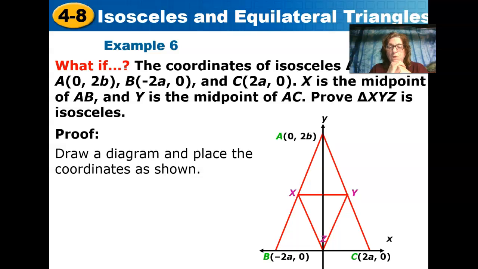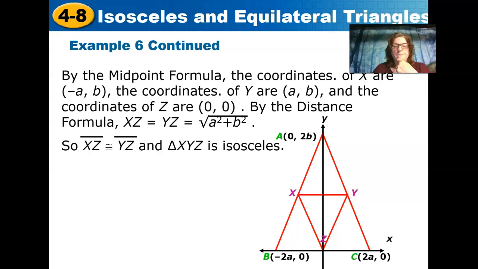Again, if it's the midpoint of line segment AB, what would be the coordinate of Y and what would be the coordinate of Z? Again, use the midpoint formula to figure those out. So XZ and YZ both equal the square root of a squared plus b squared. So indeed, triangle XYZ is isosceles.